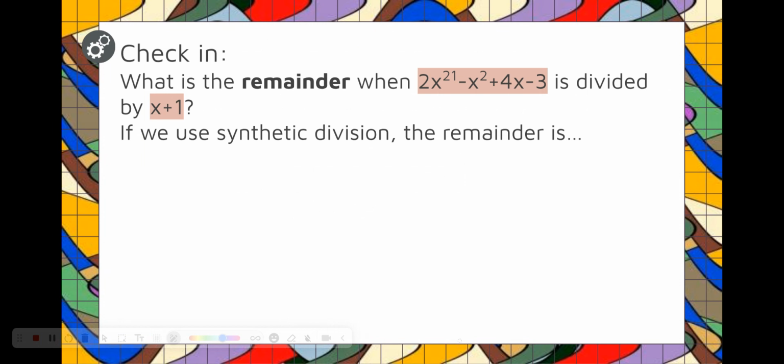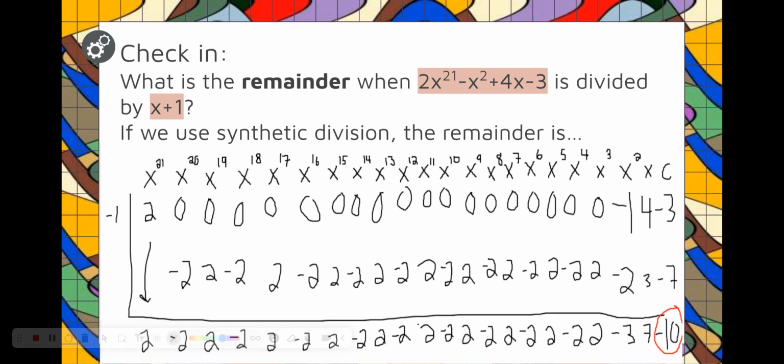Now, check in. What is the remainder when 2x raised to the 21st power minus x squared plus 4x minus 3 is divided by x plus 1? If we use synthetic division, you're going to write all the terms with an exponent: x squared, x to the 19th, and so on, until you reach the constant.